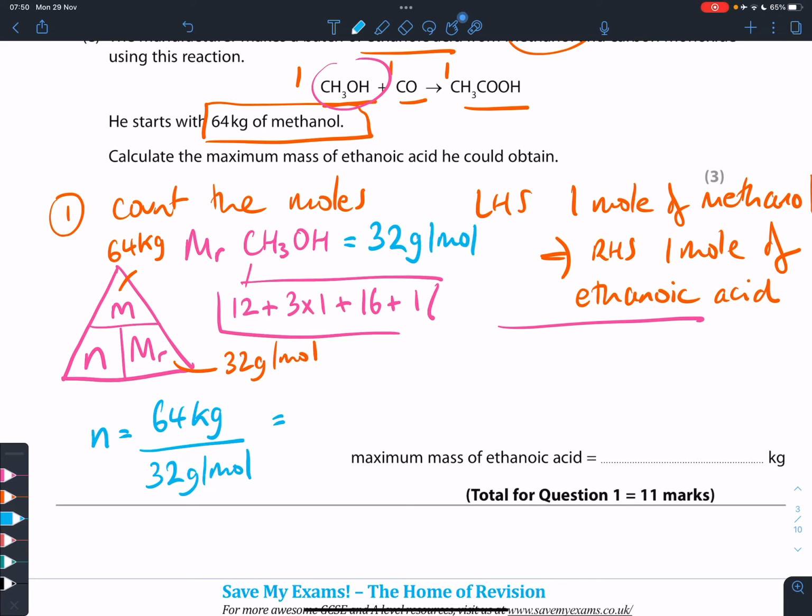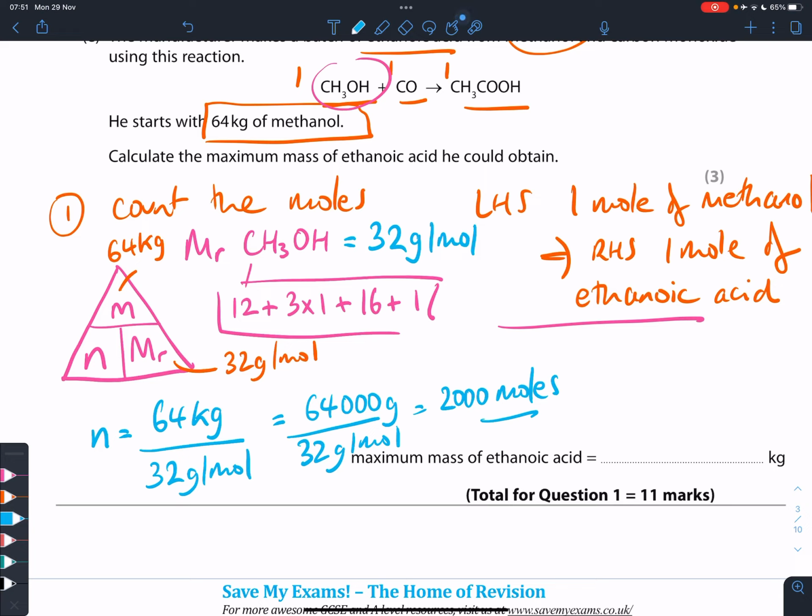Now I'm going to convert it all to grams. So 64,000 grams divided by 32 grams per mole. I'm going to pop out my calculator and just go 64,000 divided by 32 equals 2,000. So 2,000 moles. So that means we'll have 2,000 moles of ethanoic acid.